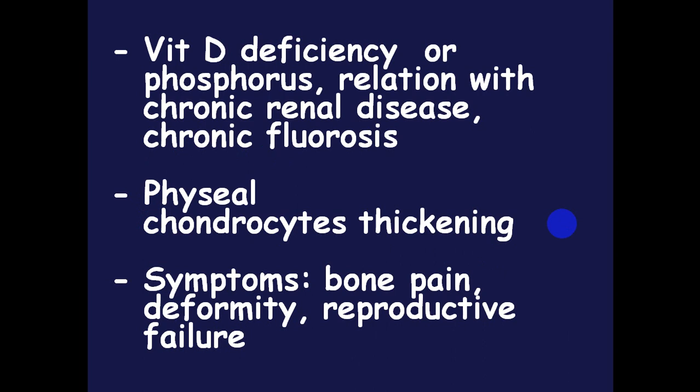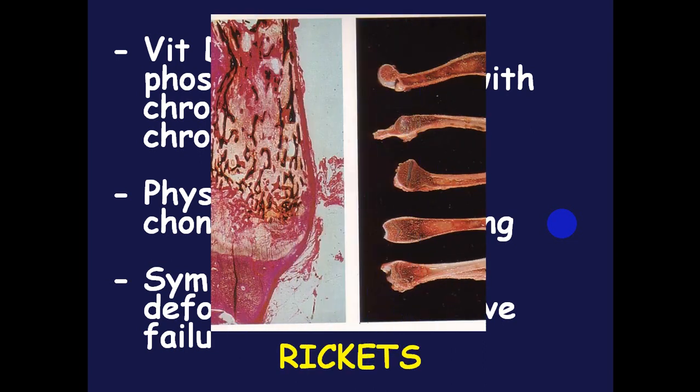And because in rickets and osteomalacia there is failure of bone mineralization, it will cause softening of the bones, and it makes failure in reproduction. So copulation cannot occur. It also causes bone pain and deformity of the bone shape.